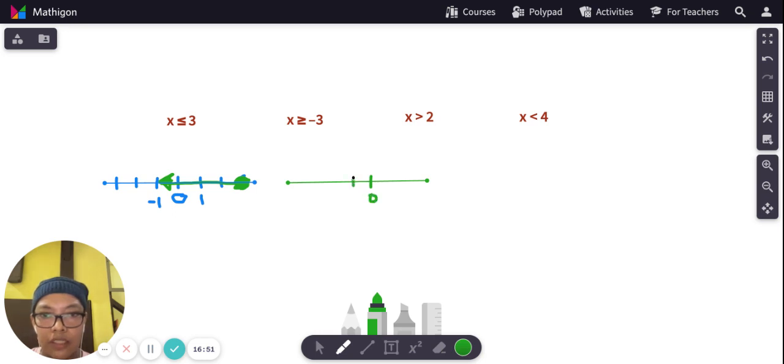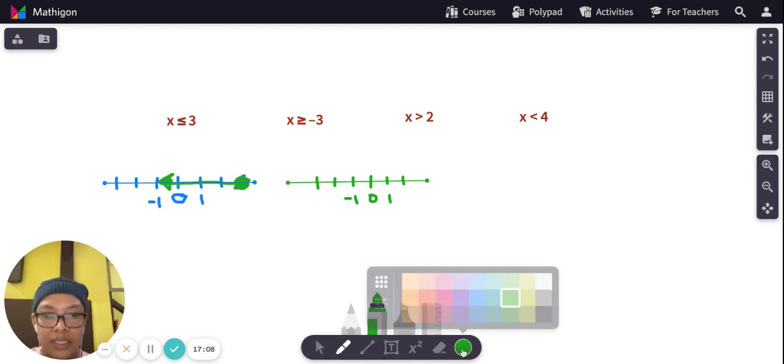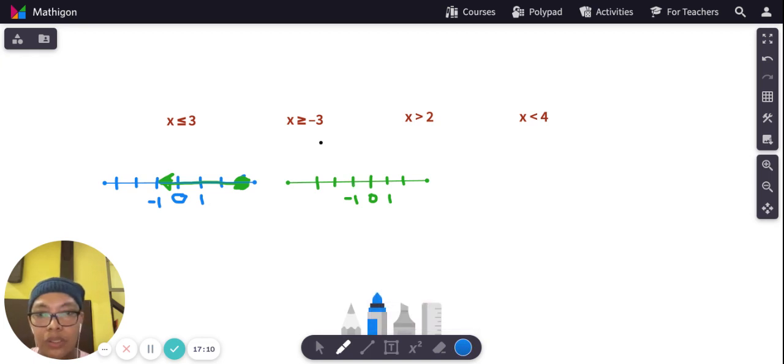So this is negative 1, negative 2, negative 3, and positive 1. Can you follow? If you have questions, I'm not writing it all because you already know negative 2, negative 3, and it will take long. Negative 3, you locate it here. Then it is equal to, so we shade. So greater than or equal to, what are the numbers higher than it? So it goes this way.